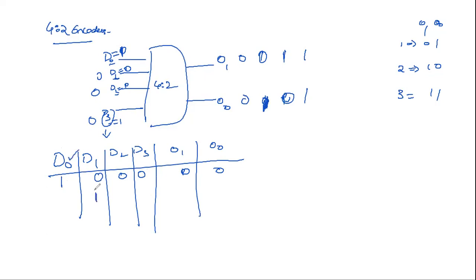Now D1 is 1 and the remaining are zeros, so the output is the binary value of 1, which is 0 1. Next, if D2 is 1 and the remaining are zeros, the output is the binary value of 2, that is 1 0. Next, D3. D3 is 1 and the remaining are all zeros. What happens?